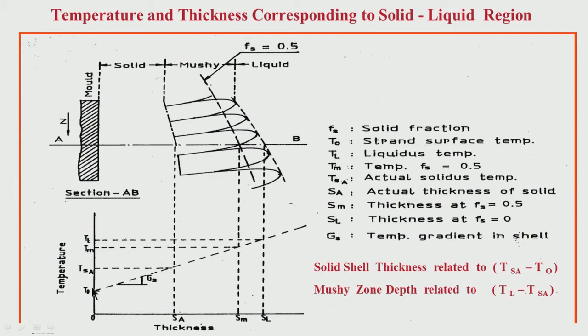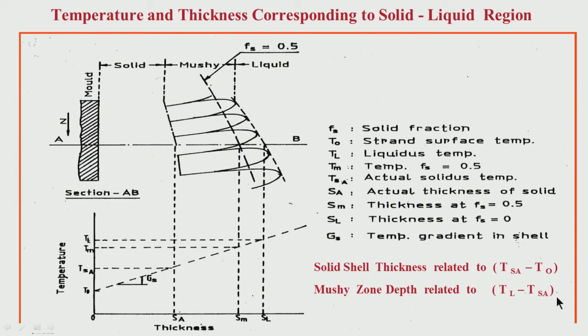If TSA coming down, T0 is the temperature, surface temperature of the solid. So, let us assume during cooling it is more or less constant. So, if TSA is suppressed, the thickness of the solid shell also comes down, because solid shell thickness is proportional to the temperature difference between the actual solidus and the surface temperature of the solid, and the mushy zone depth is proportional to the temperature of solidification, the temperature difference of solidification, that means the difference between the liquidus and the actual solidus.